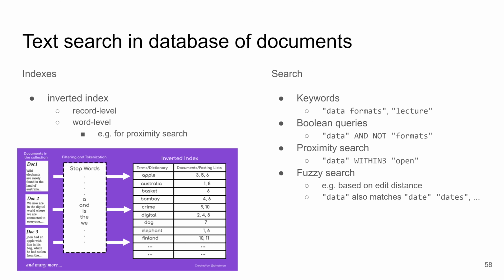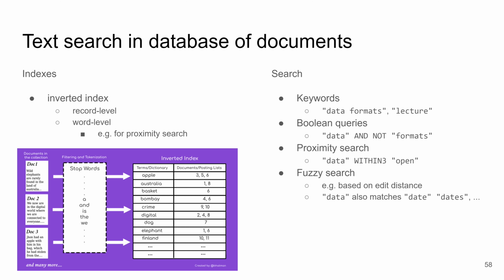Or for some search methods, it's better to have a word level index, where in addition to the document ID, you also have the word position in the document. And this you can use, for instance, for proximity search, which allows you to search for words within proximity of other words.